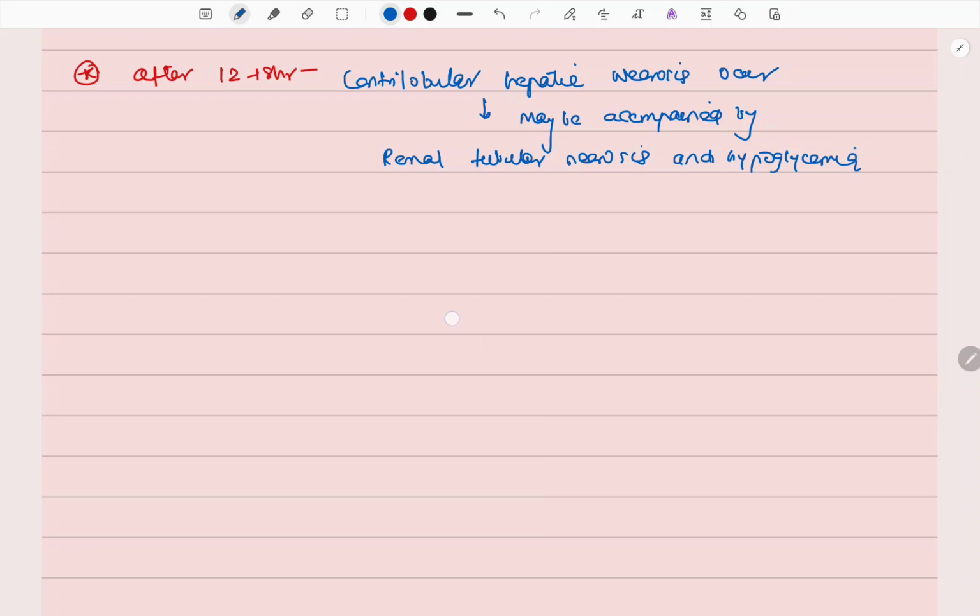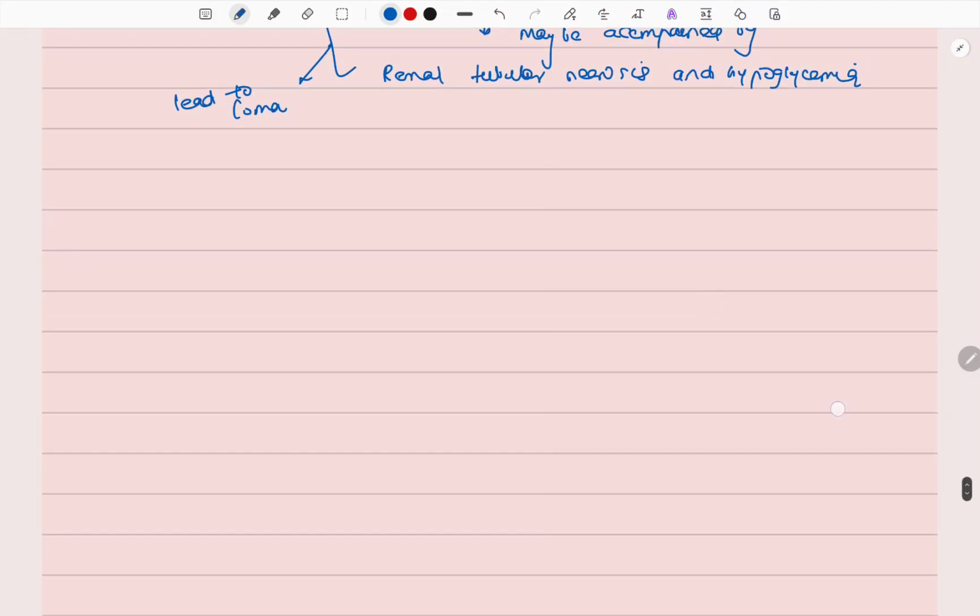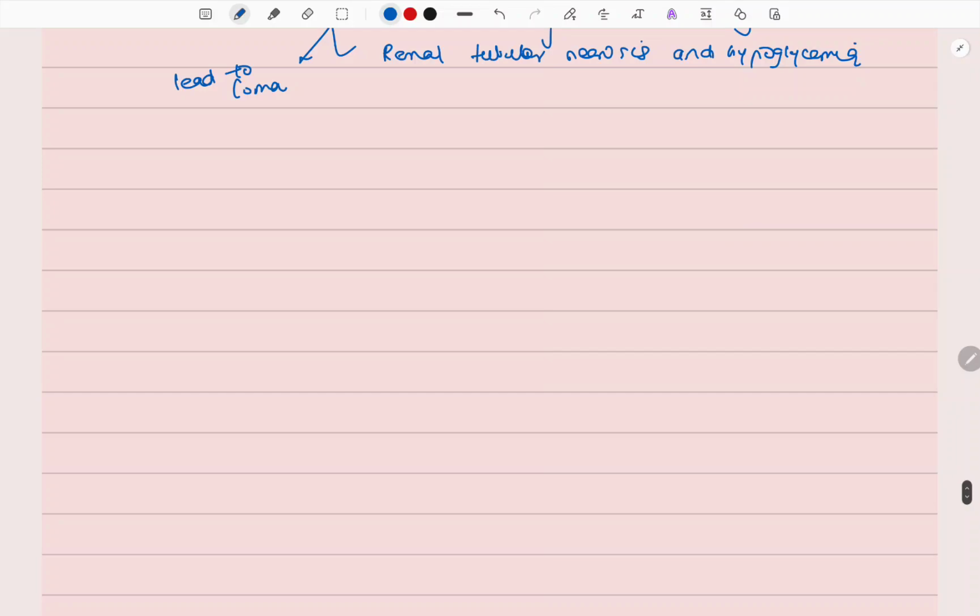And all three of these conditions can lead the patient to coma. Okay, then after 2 days, jaundice can occur.